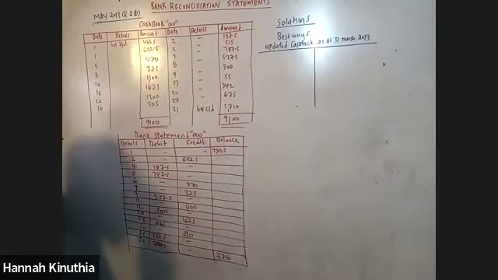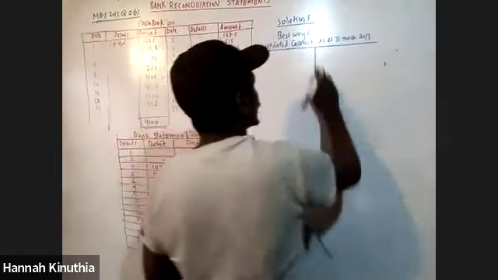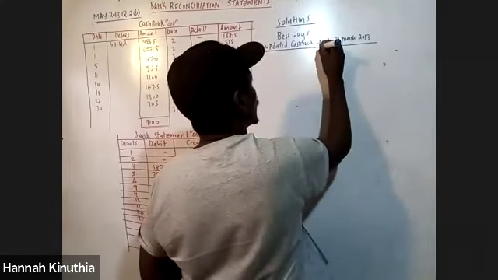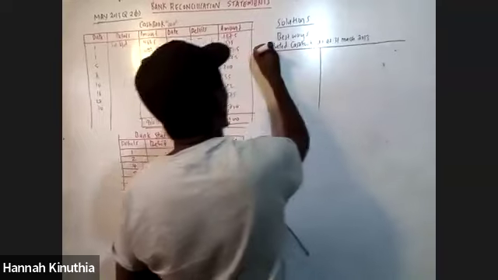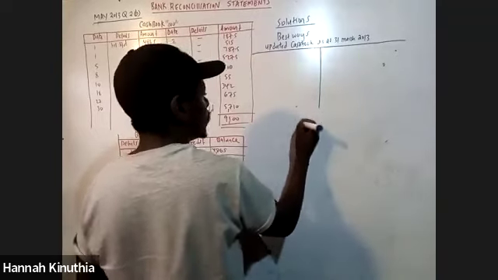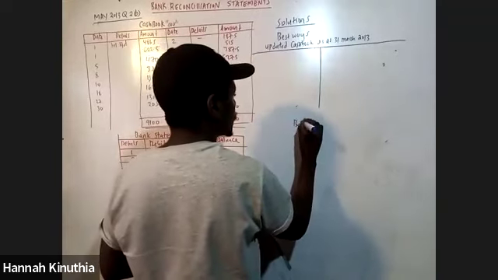Bring hapo iko sawa. Kama ninge-move kidogo hapo. Number two, we also need to prepare the Best Ways bank reconciliation statement.